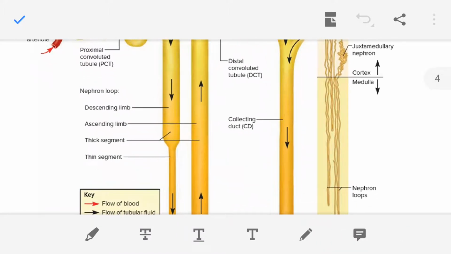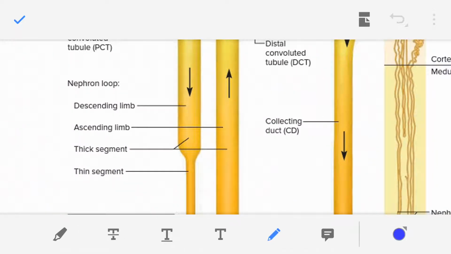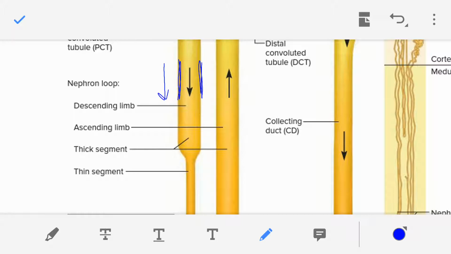Now you see this portion, so this portion is the descending limb of the nephron loop.